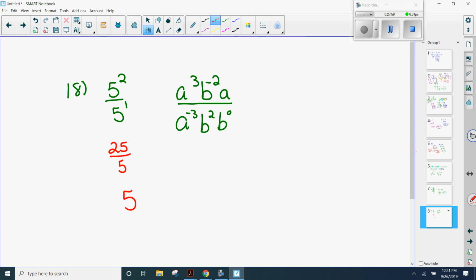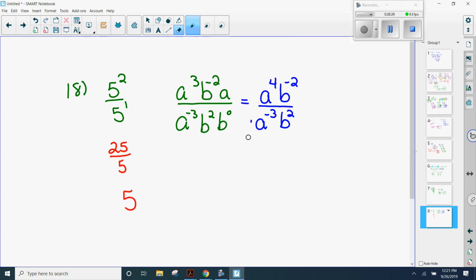If I simplify, the next thing is to work with just the variables. If I simplify the numerator, you have a to the 4th, b to the negative 2nd. Denominator, you have a to the negative 3rd, b to the 2nd. I just added the exponents. 0 plus 2 is 2.